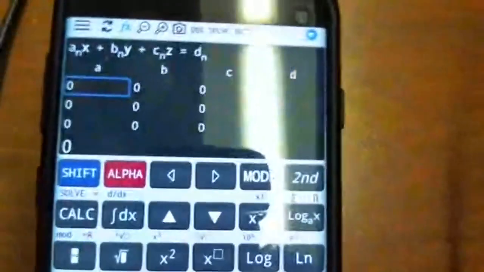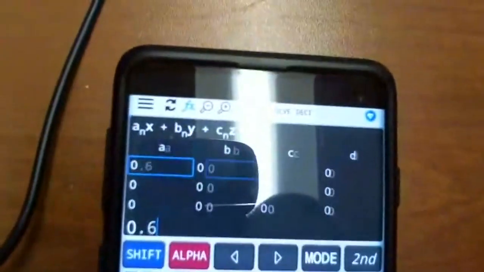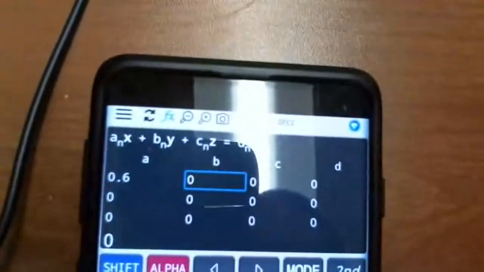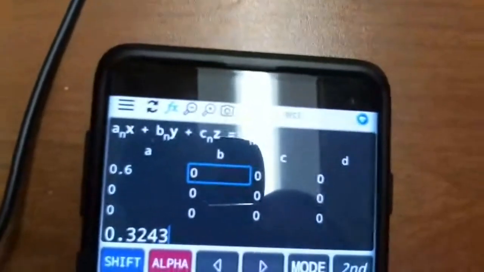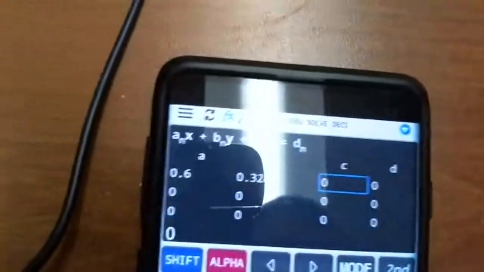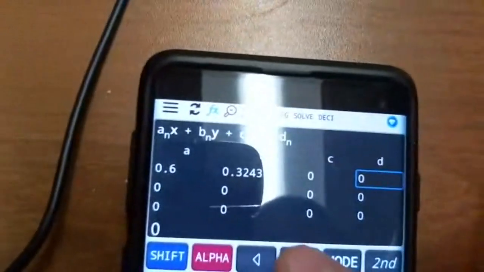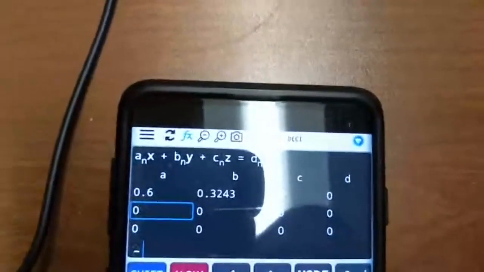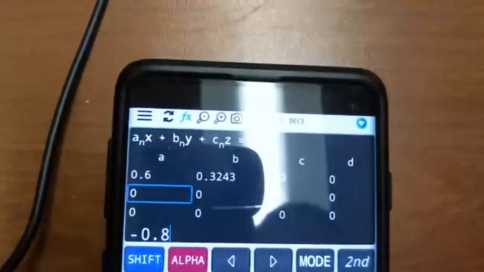And then you're just entering in those values. That first term would be 0.6, then this term would be 0.3243, and then 0. Oh, I wasn't done. And then this term is minus 0.8.